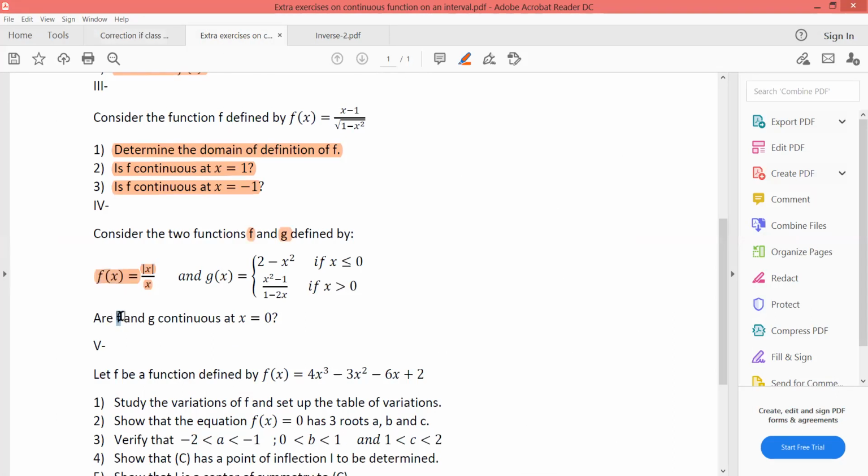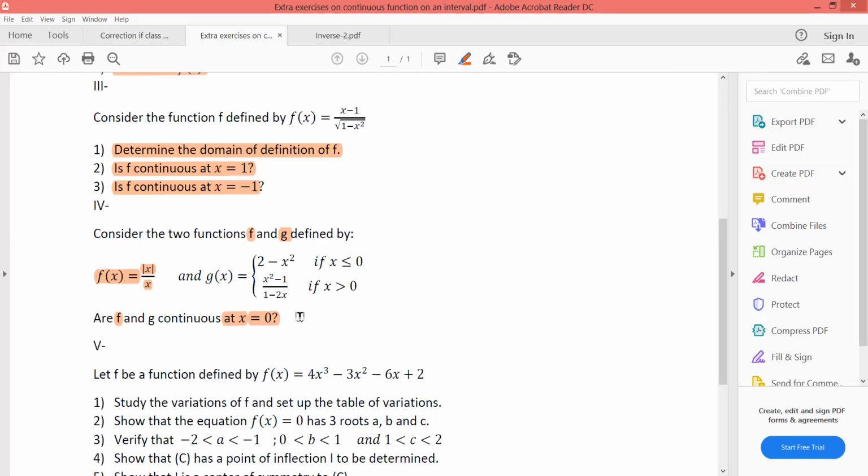Is f continuous at x equal to 0? How to know if f is continuous at x equal to 0? What is the definition of continuity, boys and girls?